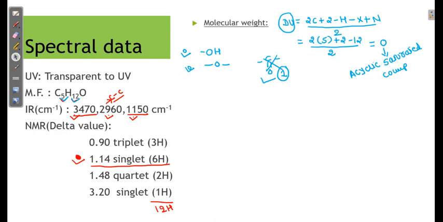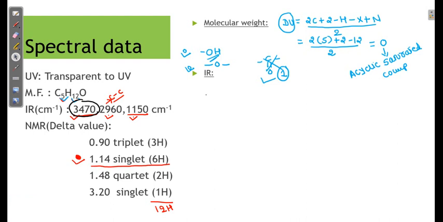Which functional group is present? The master spectroscopy to identify this functional group is IR. If OH is present, then the IR value is this one, 3470.